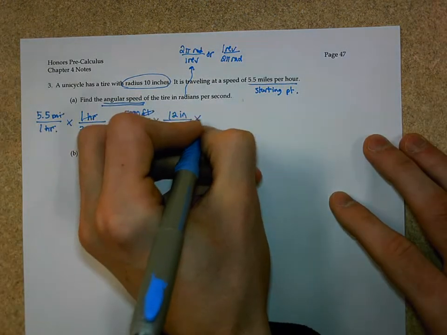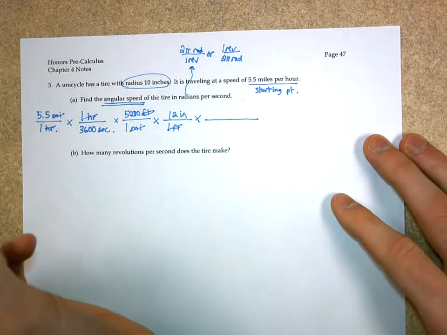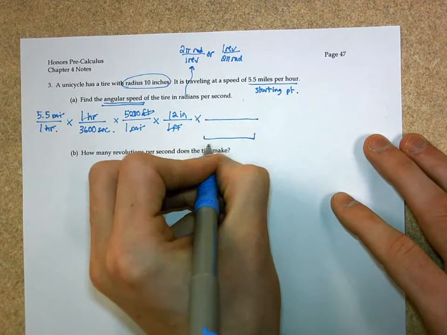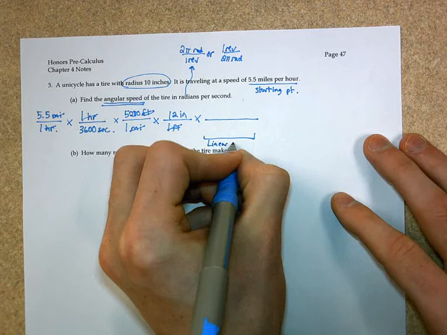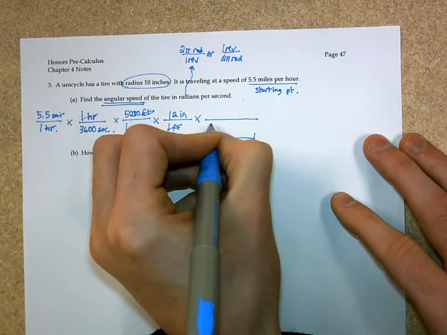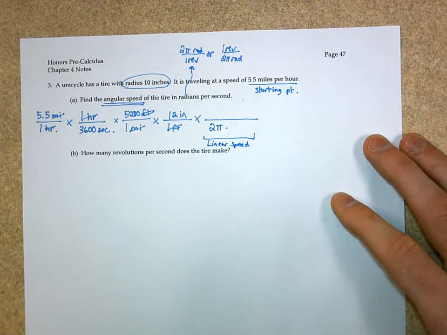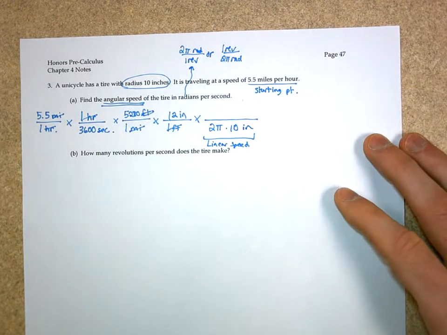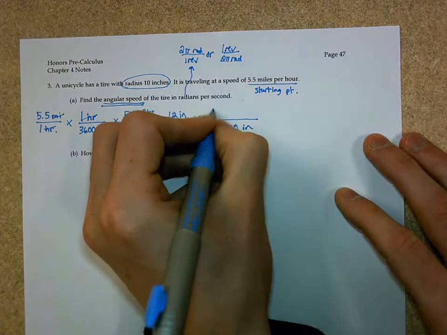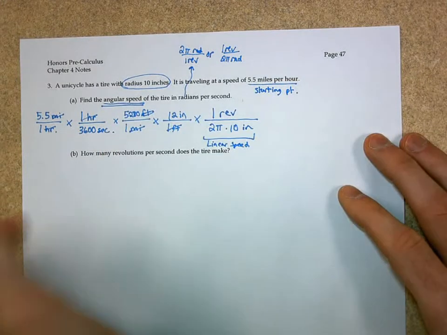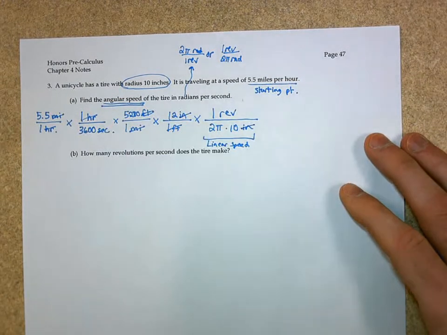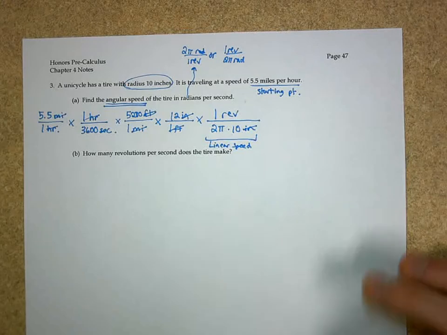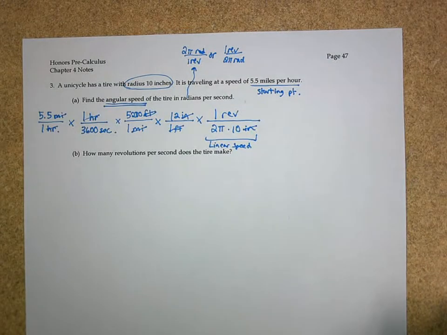So the way we can bring revolutions into this is we're going to use the linear speed formula, which is 2 pi times the radius that we know is 10 inches, and that's going to be over 1 revolution. So now my inches cancel out.